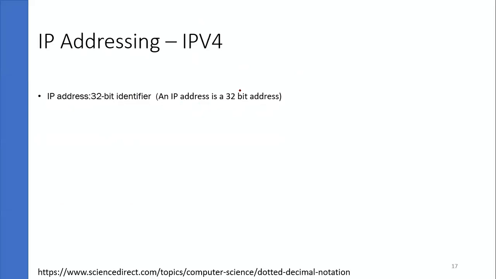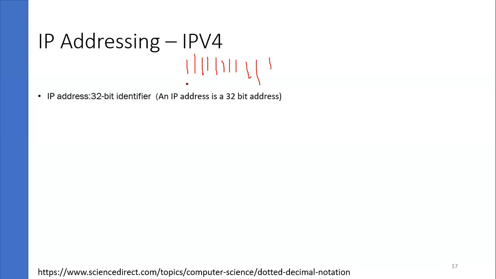Your identifier has a length of 32 bits. So we get 1, 2, 3, 4, 5, 6, 7, 8, 9, 10, 11, 12, likewise up to 32.